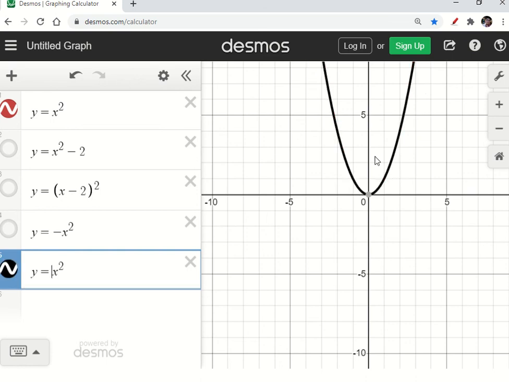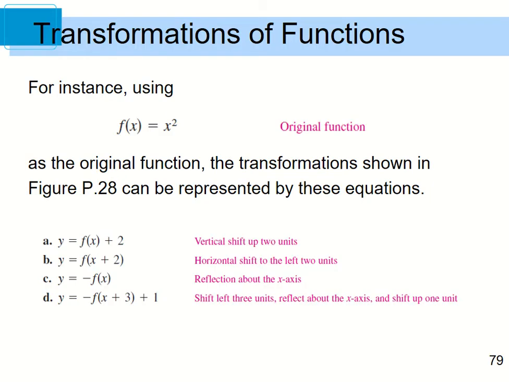Now let's see how we sketch the graph using all this understanding. Let's say we want to sketch y equals negative f of x plus 3, plus 1. How does the graph look?